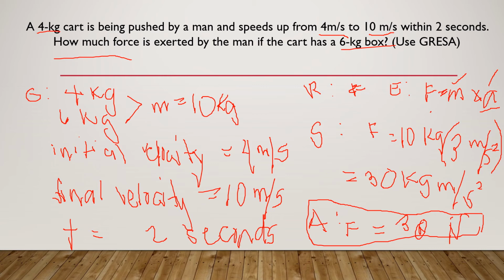So, don't forget that if there are two velocities given in the problem, you need to solve for the acceleration first, which is final velocity minus initial velocity divided by time. After that, you can solve for the value of force. And the formula is mass times acceleration. So I hope that you already know how to solve and calculate using the law of acceleration, or the second law of motion.